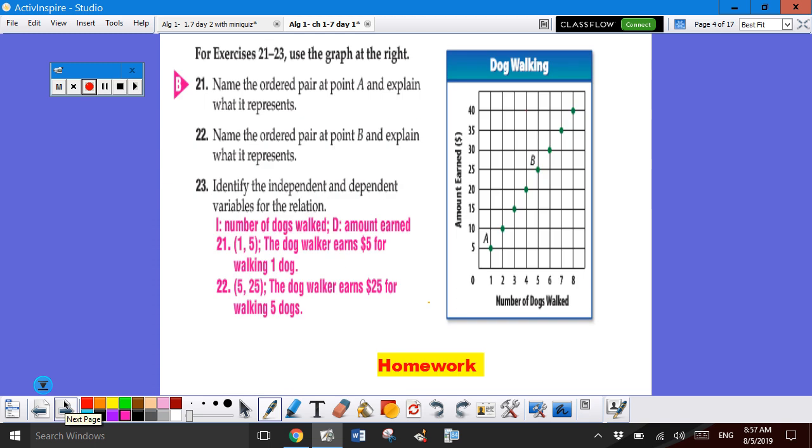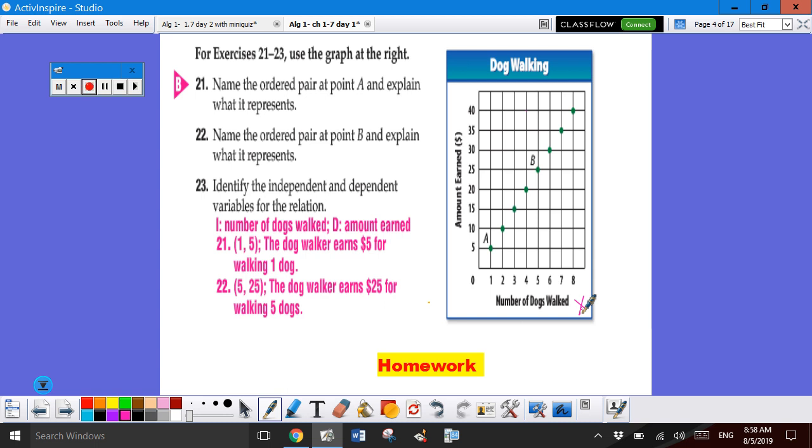Okay, so talking about 21, 22, 23, the independent variable is, of course, my x, so it's the number of dogs walked, and the y, the dependent, is the amount of money earned. So hopefully you came up with some sort of statement that the dog walker earns $5 for walking every dog, or every dog they earn $5.